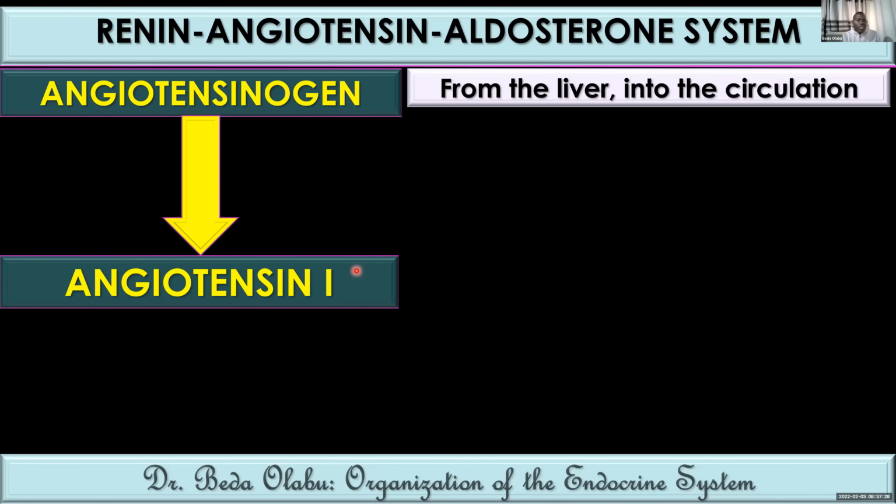Angiotensinogen is circulating in the peripheral blood, and so that conversion occurs within the circulation. However, it requires a particular enzyme, and the enzyme it requires is the one we call renin enzyme. And that is why renin is in this particular title. So renin enzyme converts angiotensinogen to angiotensin I.